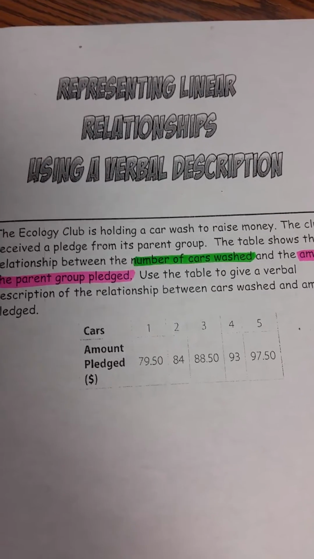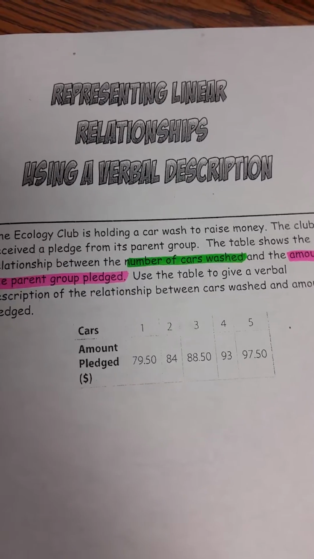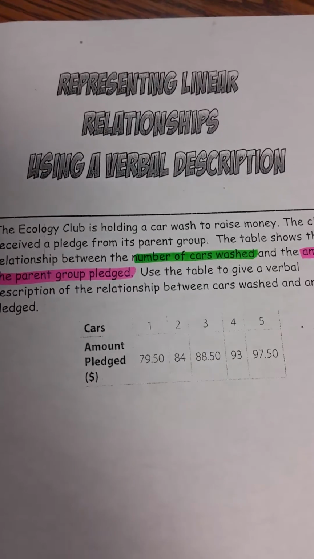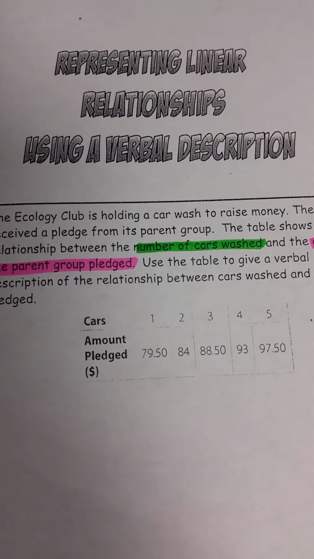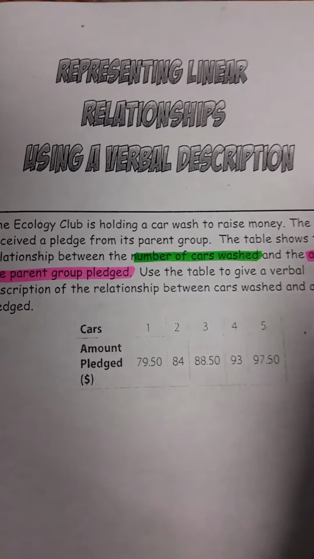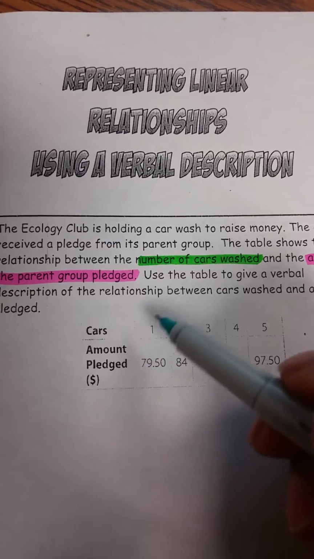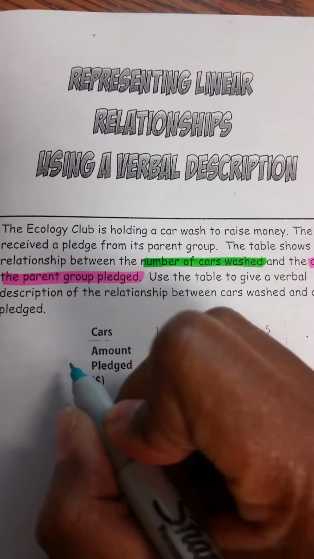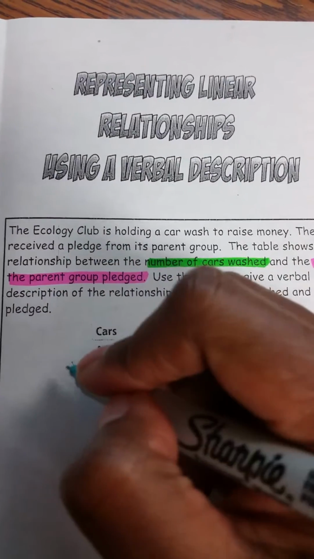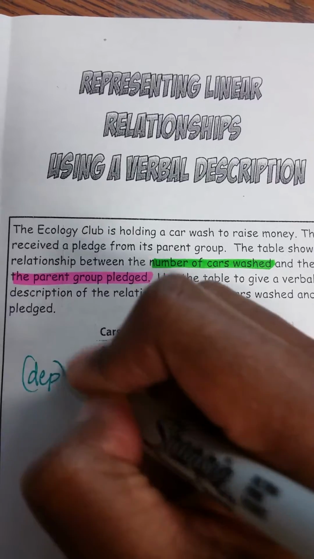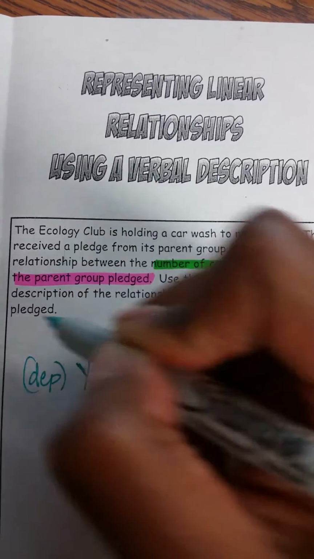Our first step is to determine which one is our independent and our dependent variable. Here, the amount of money depends on how many cars you wash. So amount pledged will be my y, or my dependent variable, and the number of cars would be my independent variable.